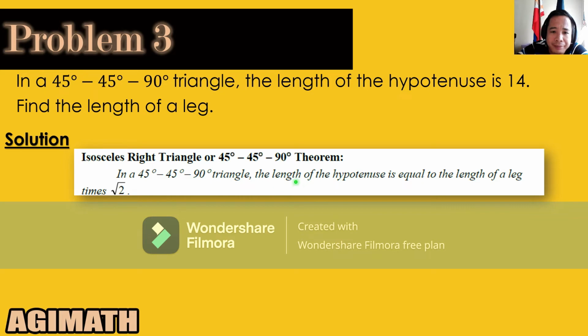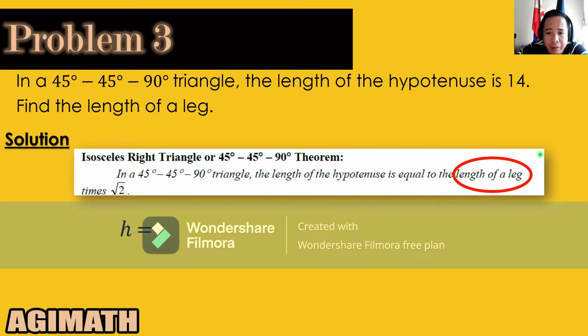It says that the length of the hypotenuse is equal to the length of a leg times square root of 2. So the length of hypotenuse, denoted by h, is equal to, so this is how you are going to translate verbal statements to mathematical equations.